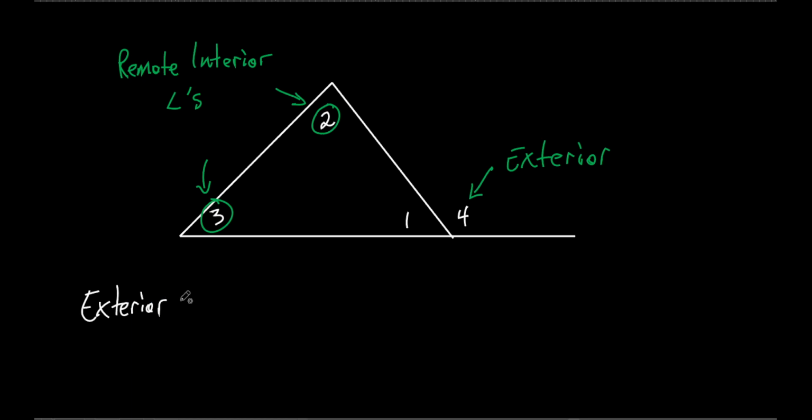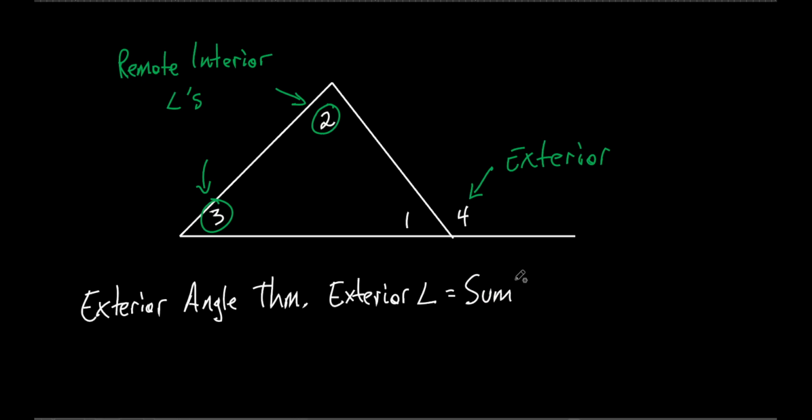They call this the exterior angle theorem. I'll just shorten theorem to THM. Is that all right? So it says the measure of the exterior angle, I'm going to kind of shorten this a little bit. So the exterior angle is equal to the sum.